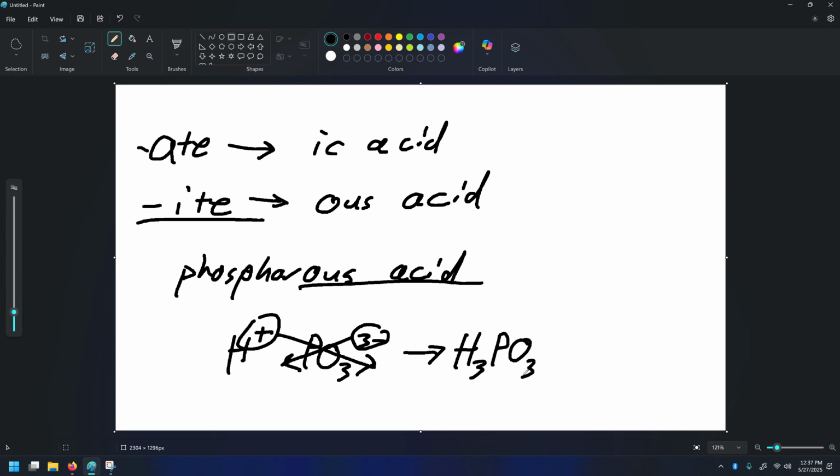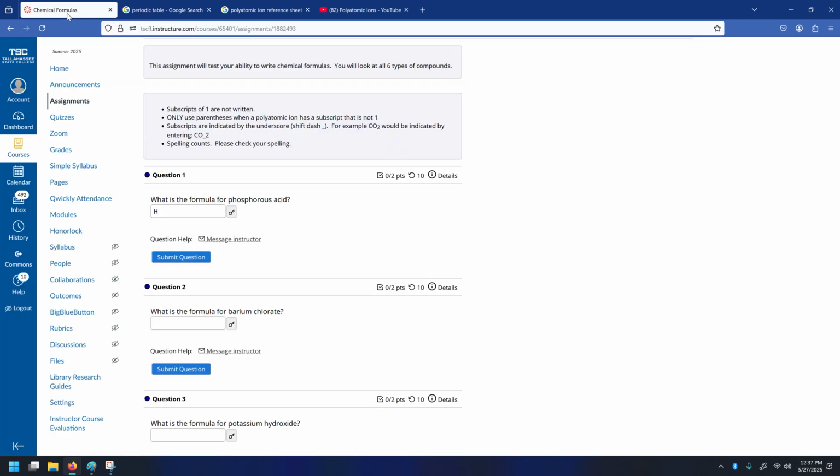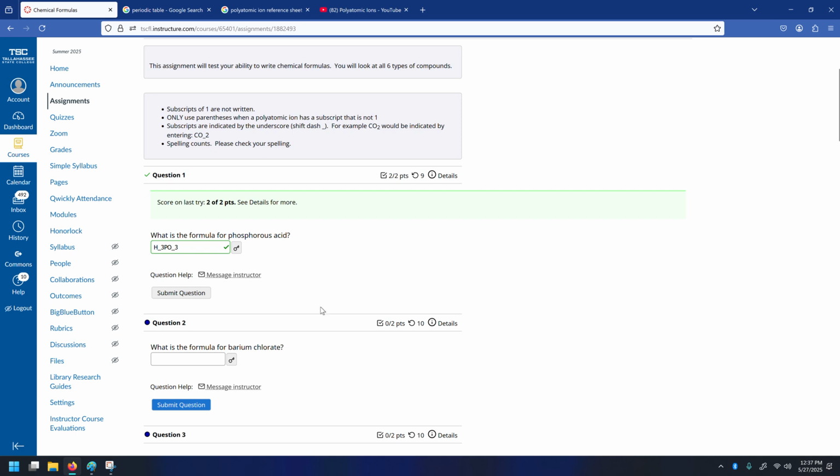Notice that there is one phosphite, but I am not putting it in parentheses and including the 1 because that's the syntax that the homework problem asked for. When we go back over to our assignment, we're going to type it in as H, subscript 3, and then capital P, capital O, subscript 3. And that should be the right answer.